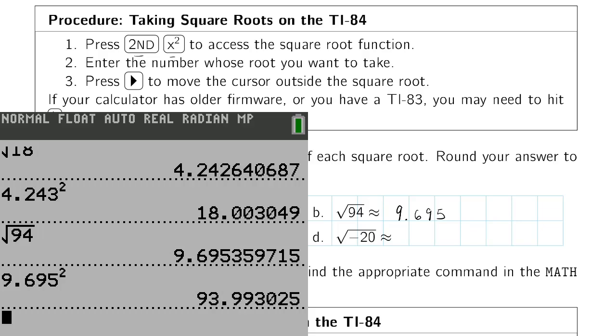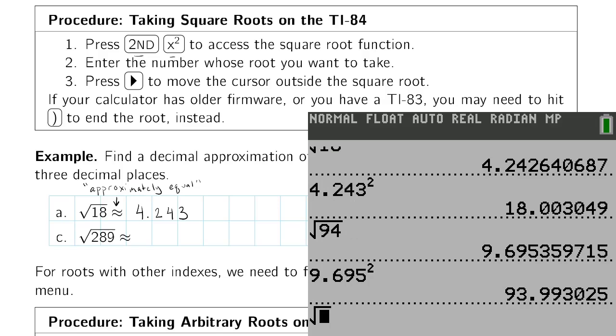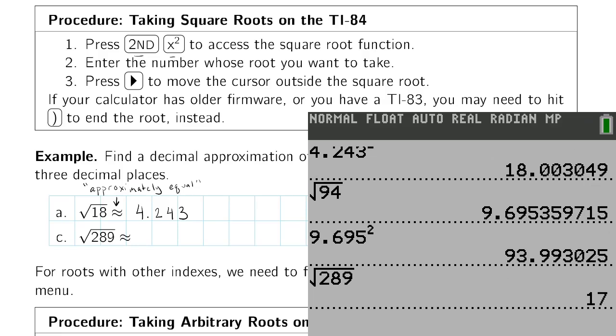Okay, let's see a couple other examples of what might happen when we do this. We're asked to take the square root of 289. So second x squared, 289. And it turns out that that is exactly 17. It turns out that 289 is a perfect square number, and its square root is exactly equal to the integer 17.